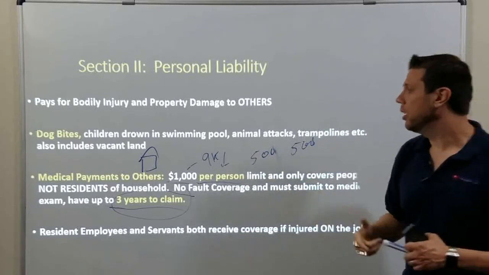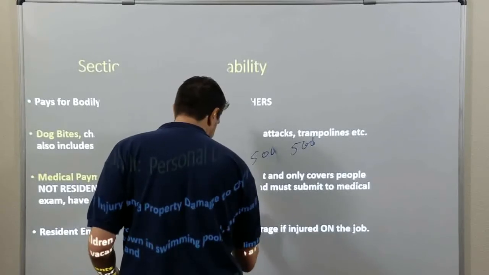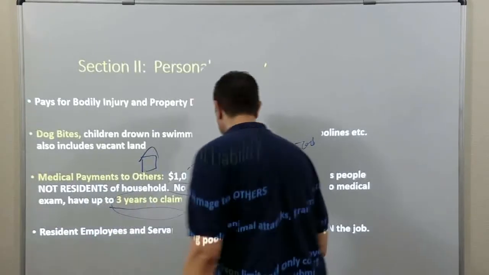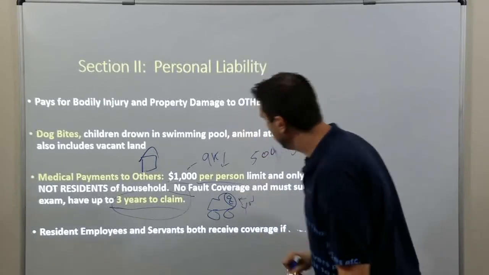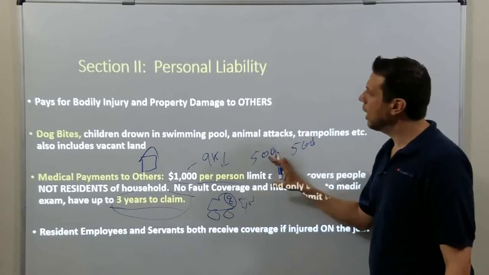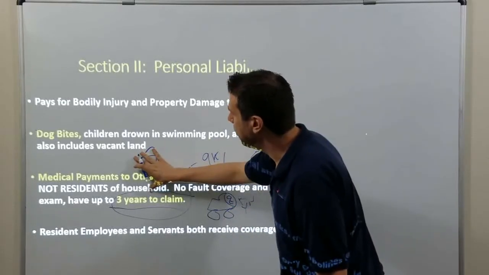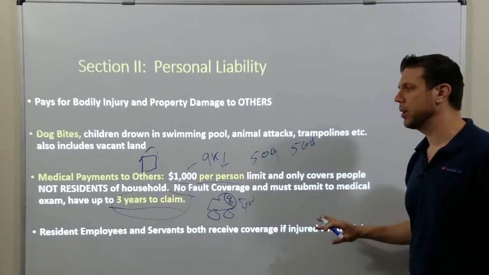Now, a little bit later on, auto insurance medical payments will pay you and people in your car. So property insurance pays other people as long as they're not living in the household or not on the clock.